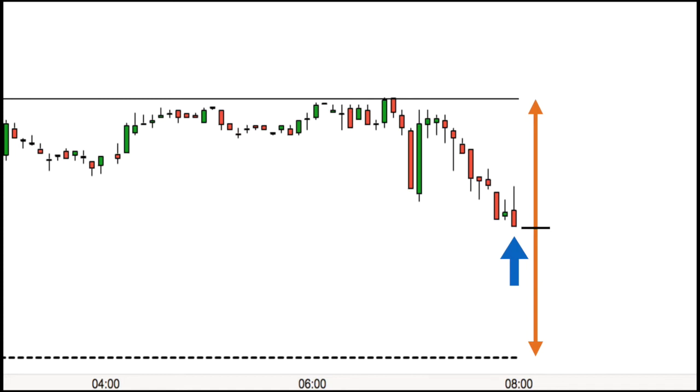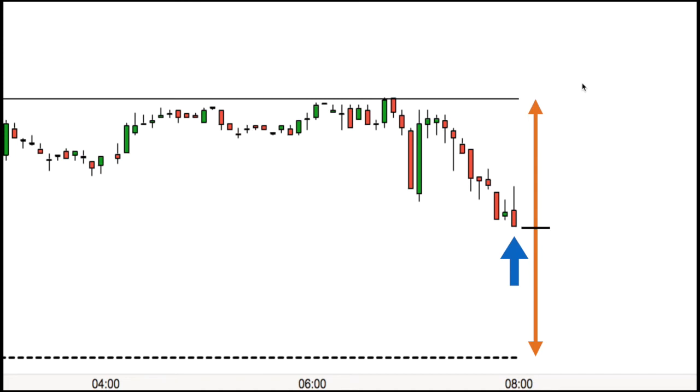It's likely to happen mainly because price is currently sitting quite close to yesterday's close. If there was a huge gap between the two, then there's less likelihood that the gap will close. But because there's only quite a small gap, the likelihood is that the gap will close in the first couple of hours. And the thing is, will the market actually go down here first before it goes up?